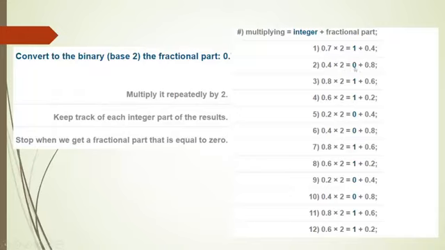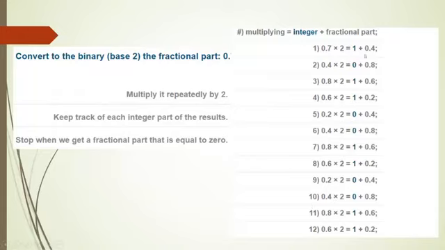Nothing to extract here, that is 0. Let 0.8 be as it is. 0.8 into 2 is equal to 1.6, extract 1. 0.6 into 2 is 1.2, and so on. As it goes, it doesn't stop even in the 12th step. It actually goes much further beyond.